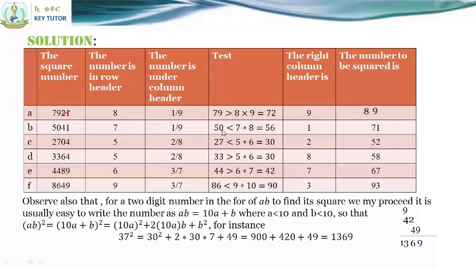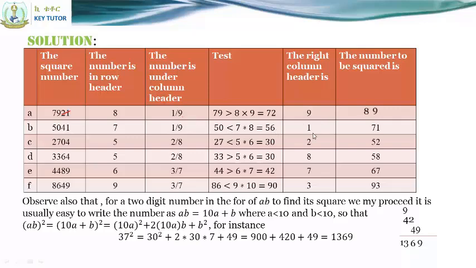So if 50 is less than 7 times 8, which is 56, then this number 5,041 exists in the column of 1. So when it is less, it is in the first column; when it is greater, it is in the next column, right?